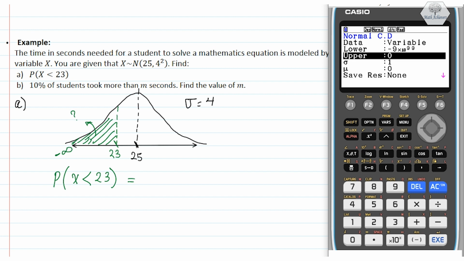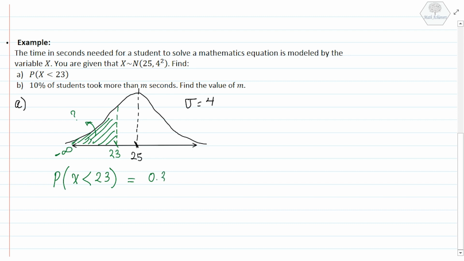The upper bound in my area is 23. Sigma is equal to 4 and mu is equal to 25. I execute, and the probability is 0.309 rounded to 3 significant figures.